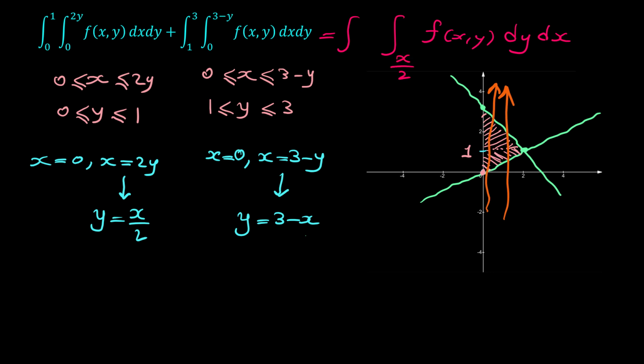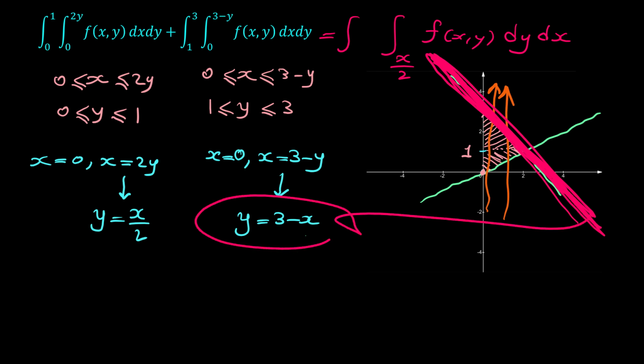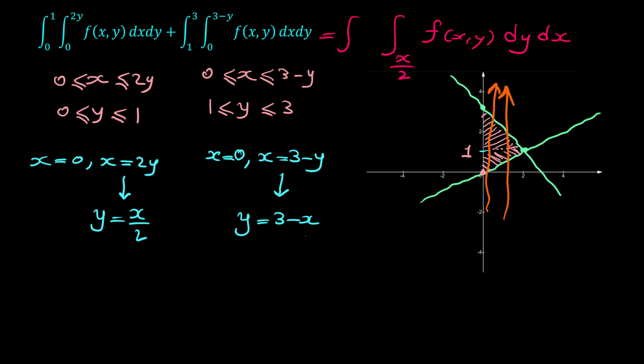What about the upper limit or upper bound of the integral? These vertical lines exit or leave the region at this line. What is this line? This line is y equals 3 minus x. So the upper limit of the integral is 3 minus x. What about x?